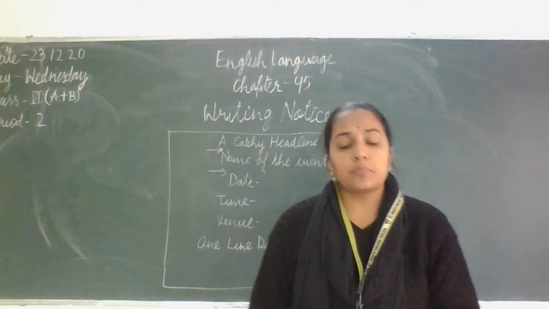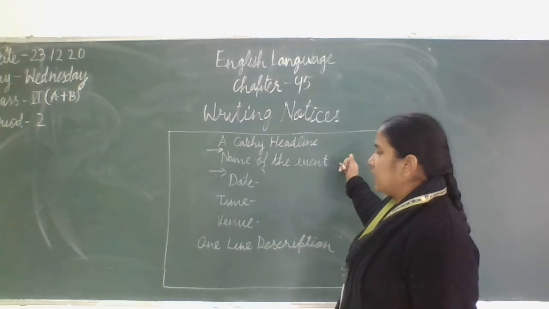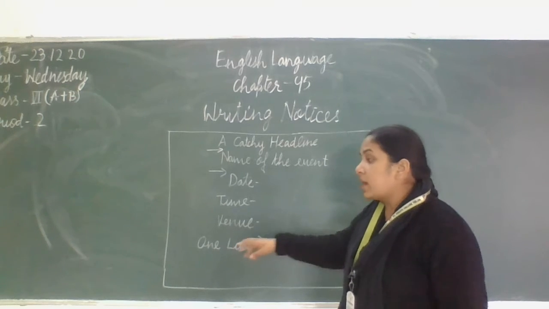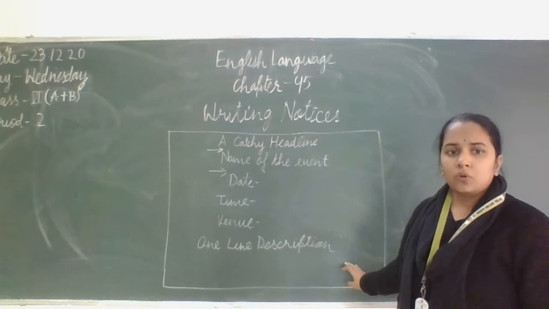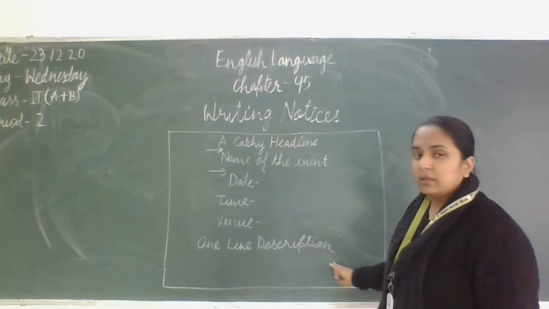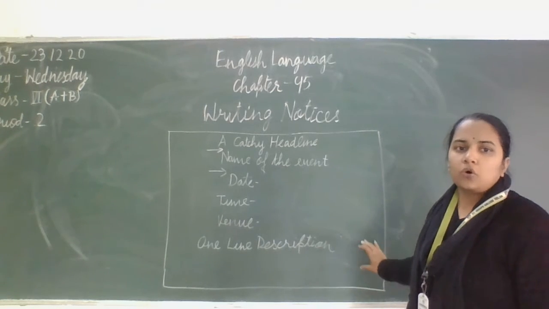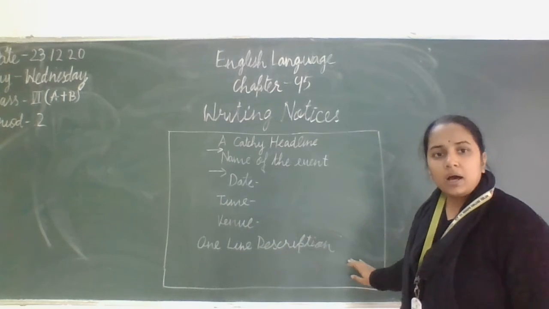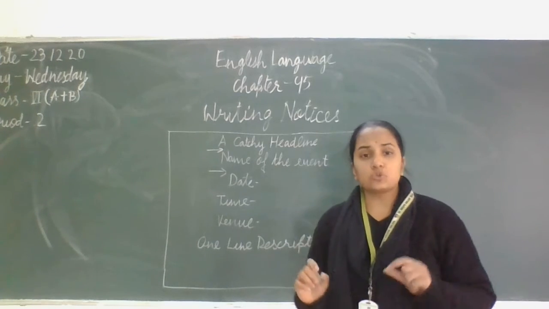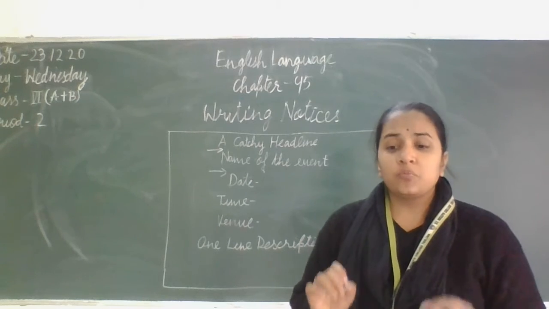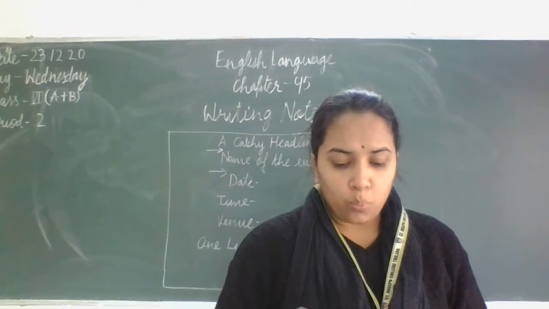For example, suppose we are conducting an activity in the school, so there is the headline, the name of the event, date, time, and venue, and the contact: the interested students can give their names to whoever is mentioned here, or the interested candidates can contact on the given number. You can give a contact number. The description has to be very brief. It would be good if you write the description in only one line.